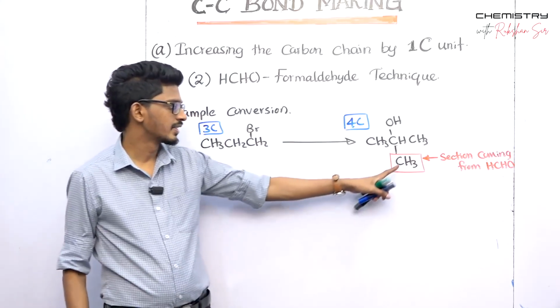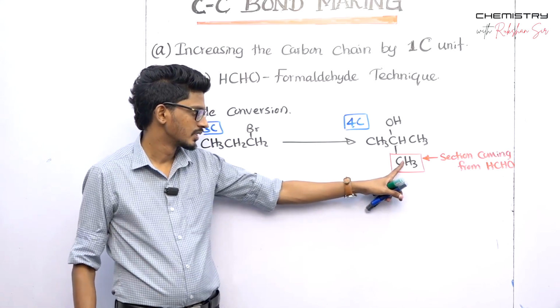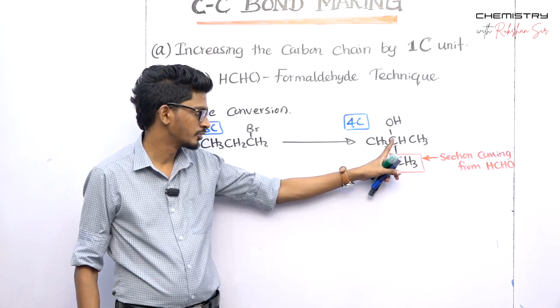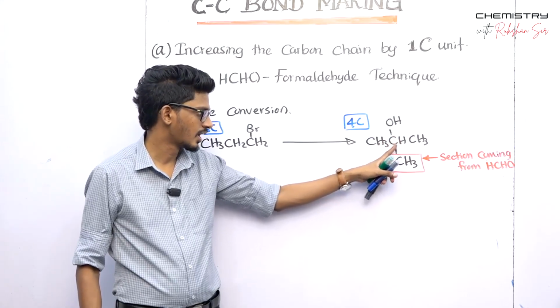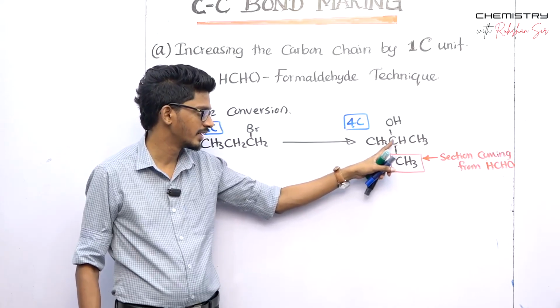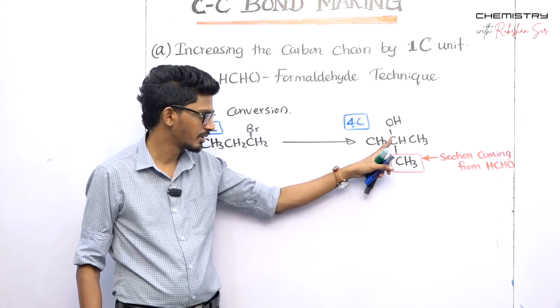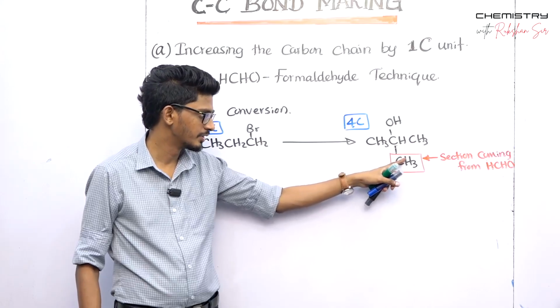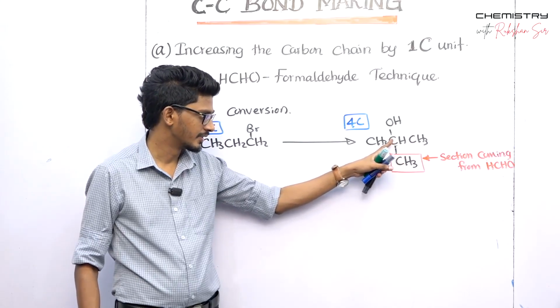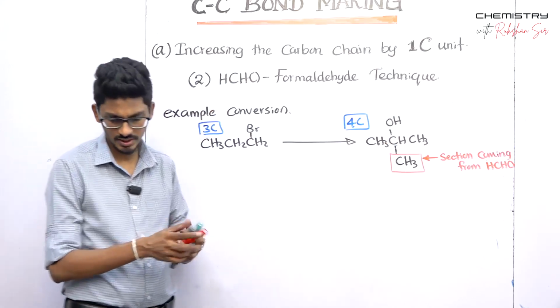So the formaldehyde carbon is this, and this carbon should then be a Grignard carbon. To a Grignard carbon, the formaldehyde is added. So this is the formaldehyde carbon, and this is the Grignard carbon, right?